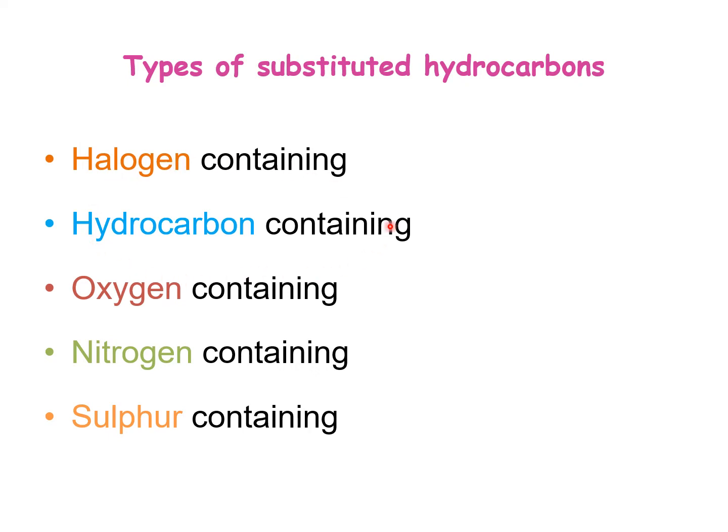Only hydrocarbon containing derivatives, like substitutions of methyl, ethyl, substitution with groups which contain only carbon and hydrogen. Then you can also segregate oxygen containing substituted benzenes, nitrogen containing and sulfur containing.